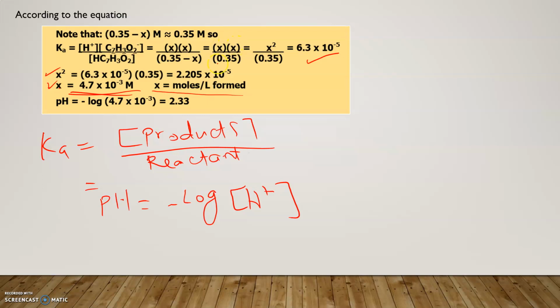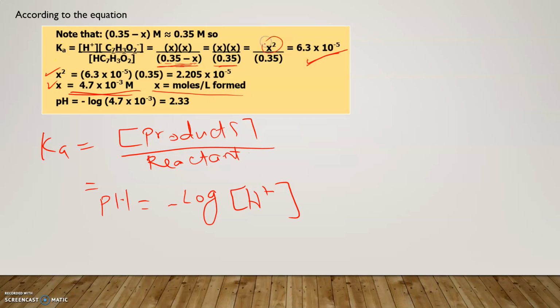So it's X multiplied by X divided by 0.35. We take 0.35 minus X as about 0.35 because it's a weak acid, so it reforms again. And here you have the Ka.